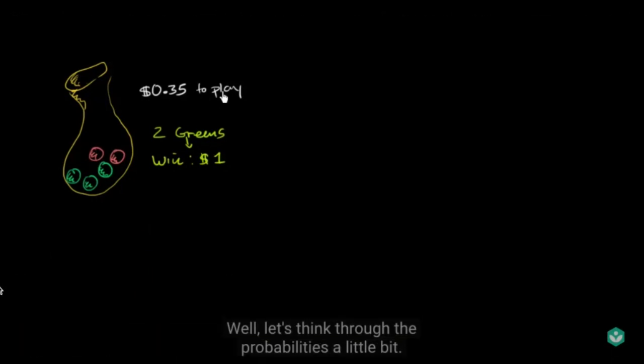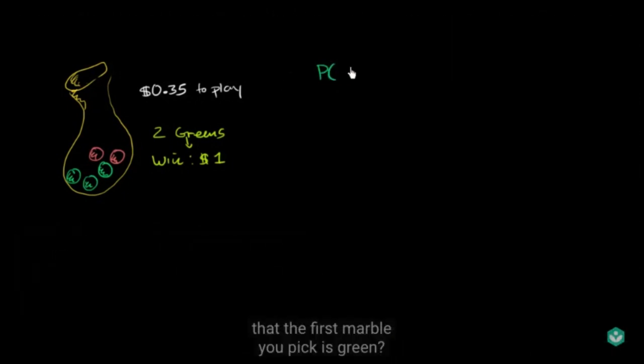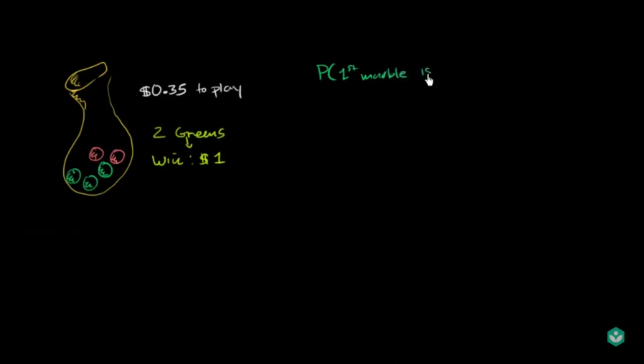Okay, so let's see. Let's think through the probabilities. So first of all, what's the probability that the first marble you pick is green? Actually, let me just write first green. Probability first green.